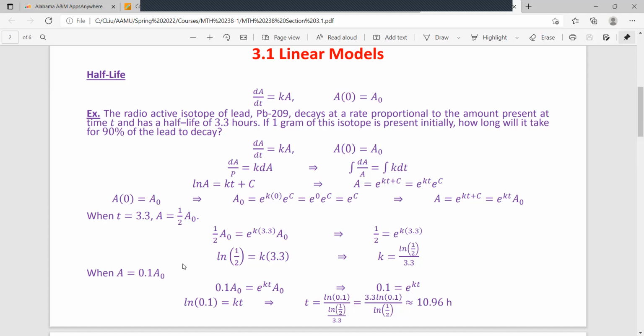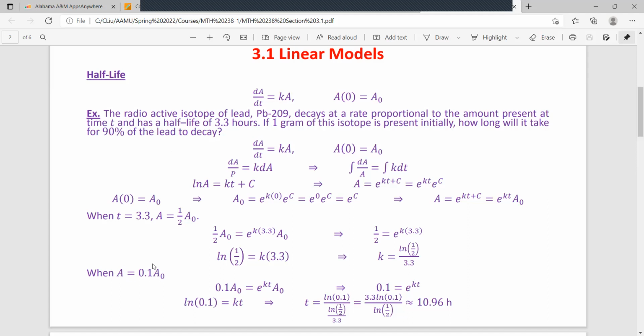Now we can answer the question in the problem. We want to know how long it takes for 90% of the lead to decay. What it means is, when 90% of the lead has decayed, what is left? Just 10%. Remember, A is the amount of the isotope at any time.